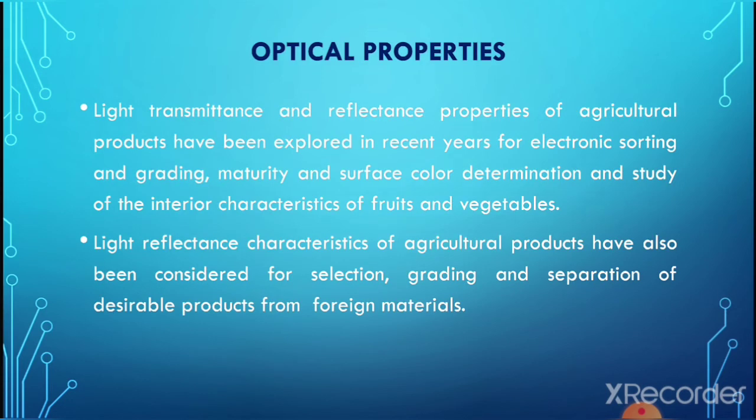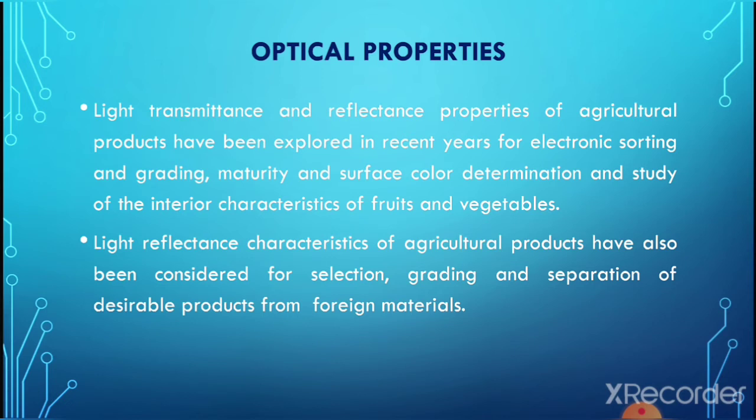Optical properties. So as we said, light transmittance and reflectance properties of agricultural products have been explored in recent years for electronic sorting and grading, maturity and surface color determination, and study of the interior characteristics of fruits and vegetables. Light reflectance characteristics of agricultural products have also been considered for selection, grading and separation of desirable products from foreign materials.